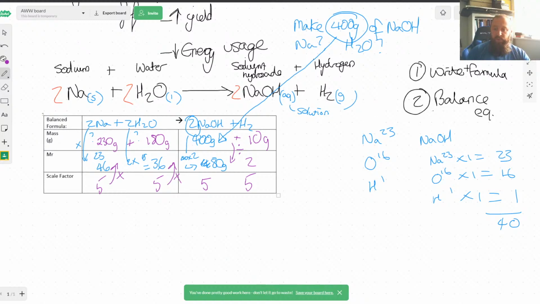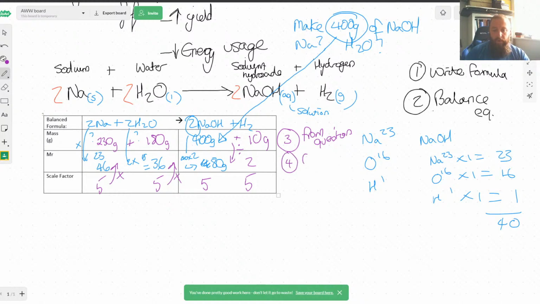The first thing we do is we write the formula out, and then we balance the equation. Step 3 then is to write the mass from the question in grams. So in this case, I knew that I wanted to make 400 grams of sodium hydroxide, so I put 400 grams here.